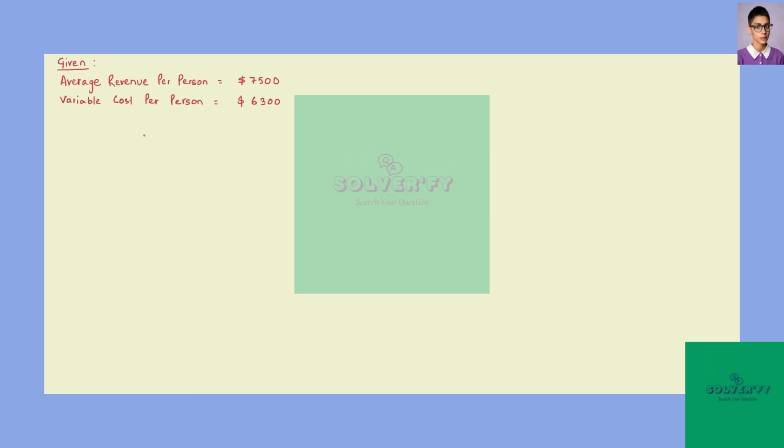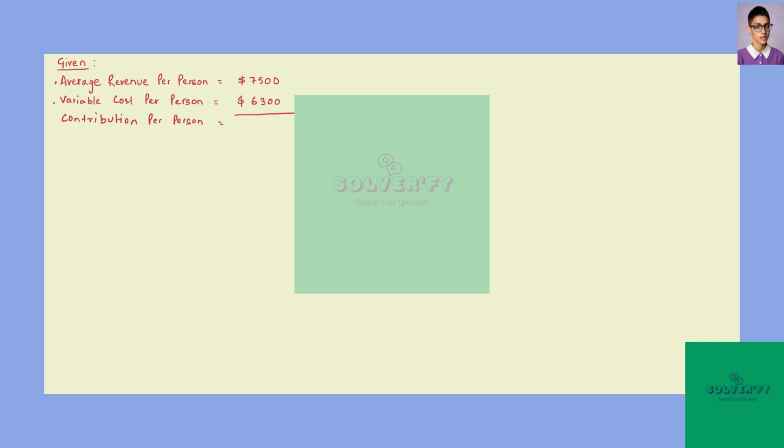In the question, it is given average revenue per person is $7,500 and variable cost per person is $6,300. So we can easily find out contribution per person. Contribution per person will be average revenue per person minus its variable cost.